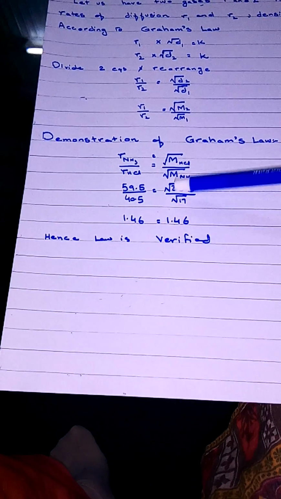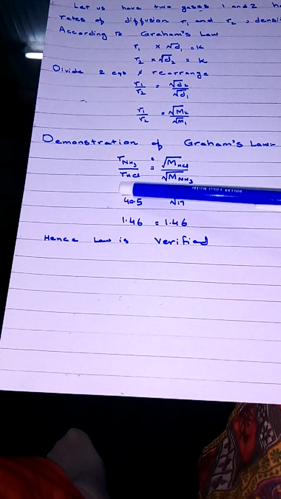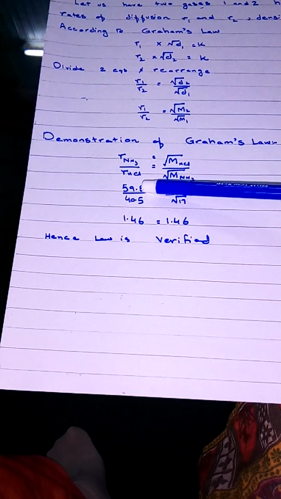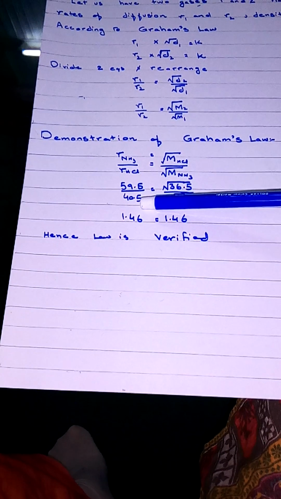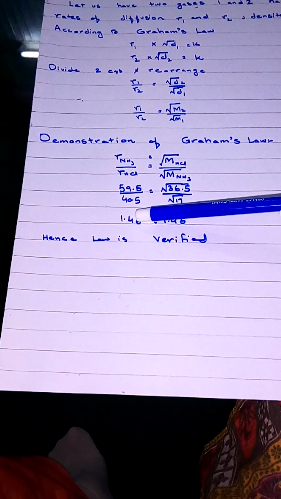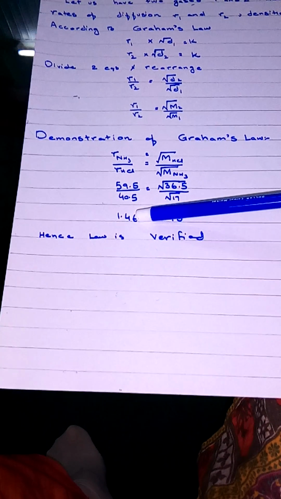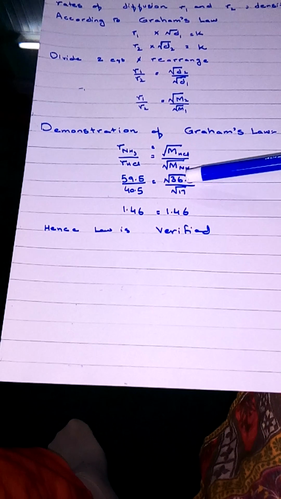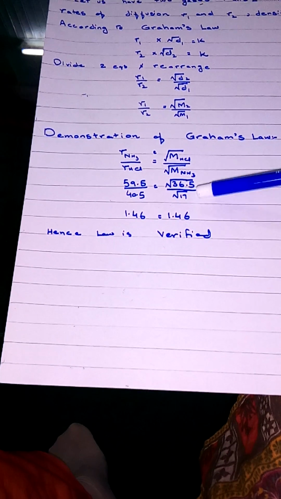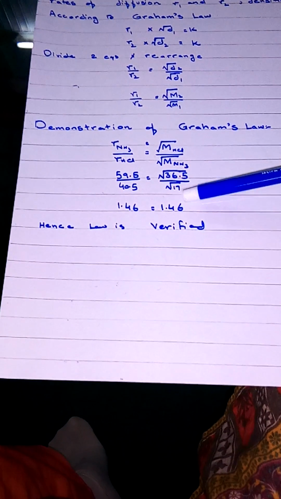These are the values calculated through experiment: the distance covered by the ammonia molecules is 59.5 centimeters, and the distance covered by HCl is 40.5 centimeters. The molecular mass of HCl is 36.5, and the molecular mass of ammonia is 17.